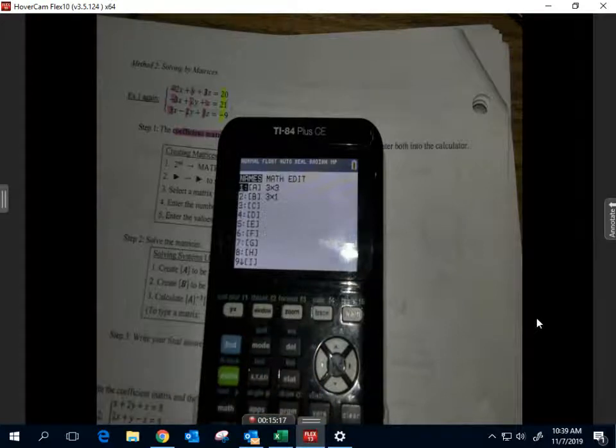We want the inverse of that, so just hit the inverse button. So now you have matrix A to the negative 1 power, correct? Now let's hit matrix B up there. So hit second inverse 2. And now we have matrix B. If you have this, hit enter and see what happens.